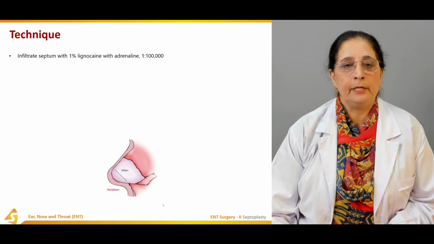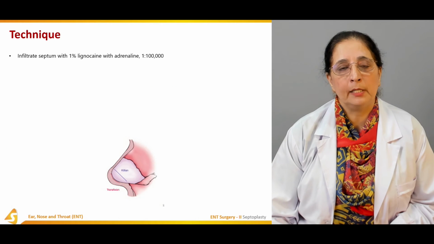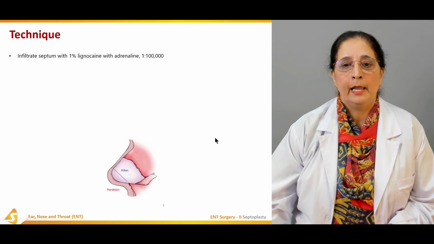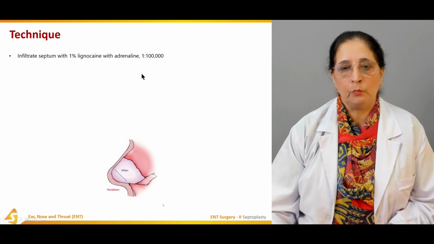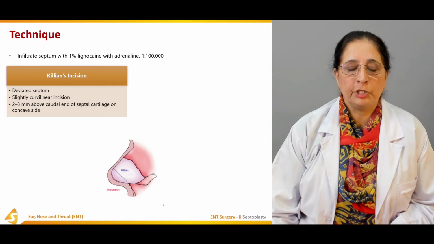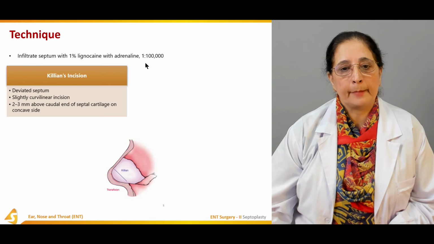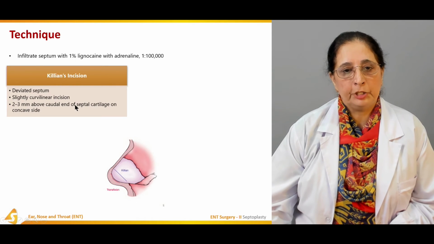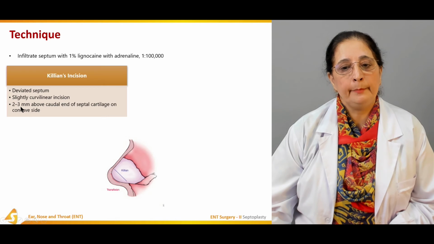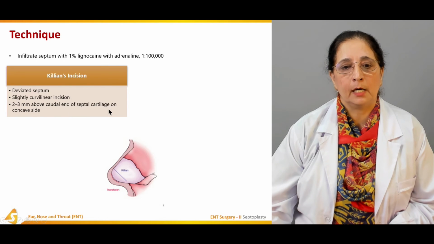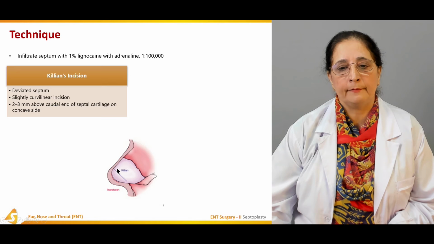Technique: infiltrate the septum with 1% lidocaine, lignocaine with adrenaline 1:100,000. Killian's incision for a deviated septum is a slightly curvilinear incision, 2 to 3 millimeters above the caudal end of the septal cartilage on the concave side.